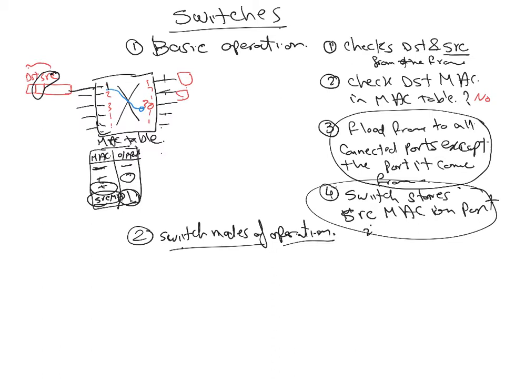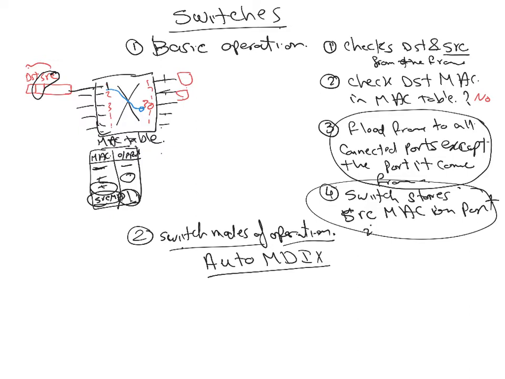Does anyone know? It's called auto MDIX. This feature is a very important feature in recent switches, especially modern switches, which allows the switch to customize the input and output ports and change the modes of operation.